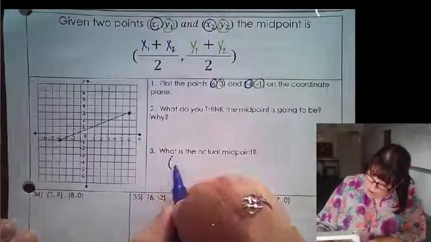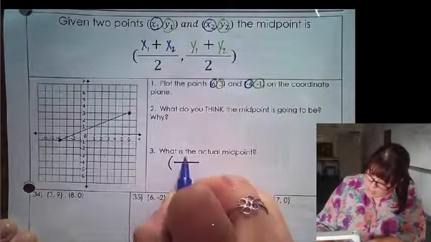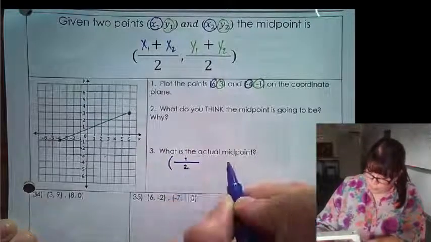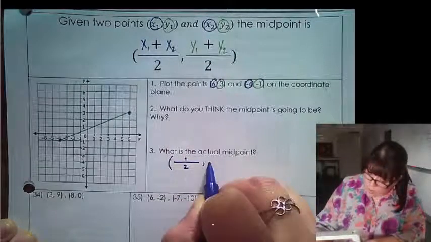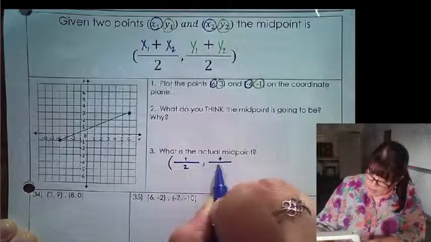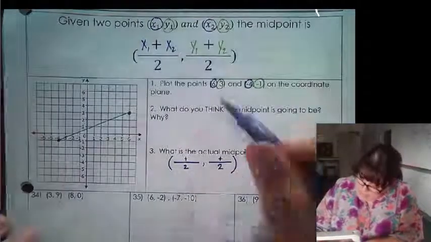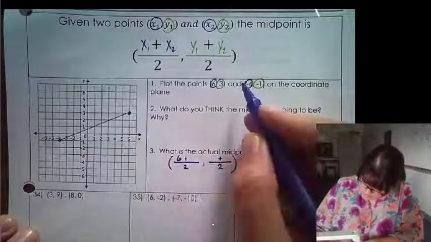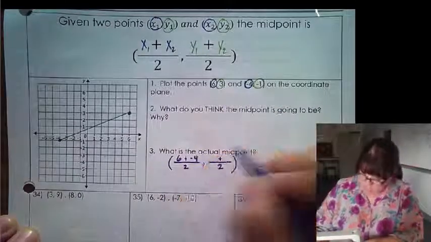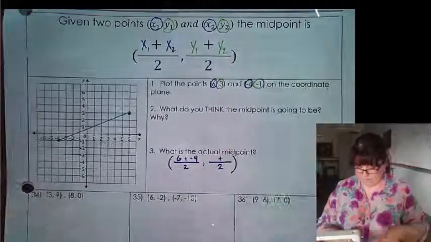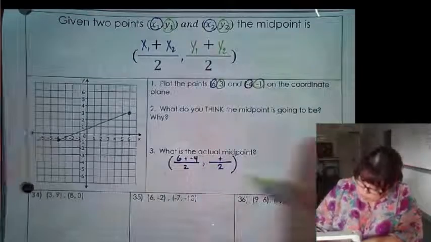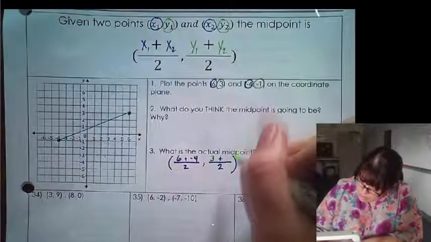We're going to have x1 plus x2 divided by 2, and then y1 plus y2 divided by 2. Our x's are going to be 6 plus -4, and then our y's are going to be 3 plus -1.